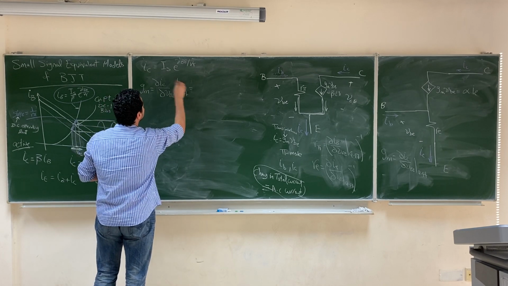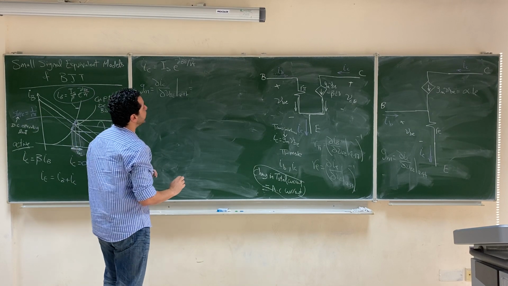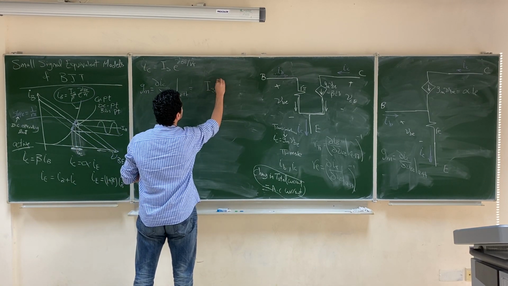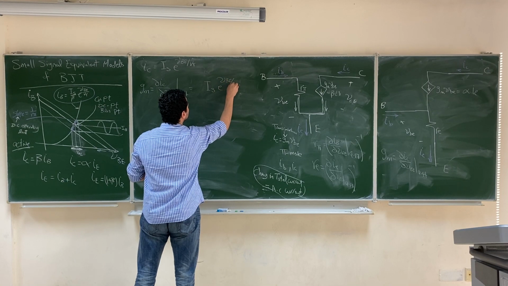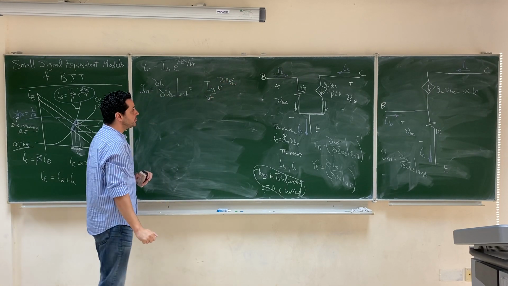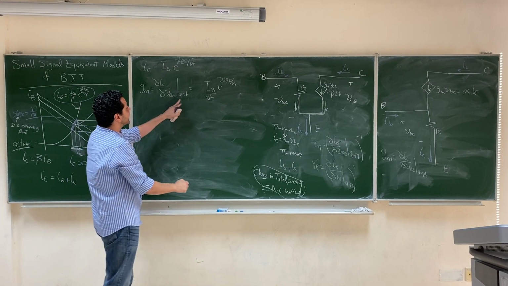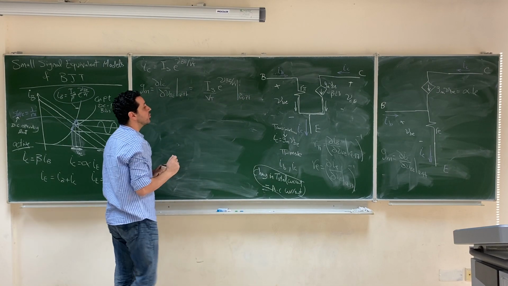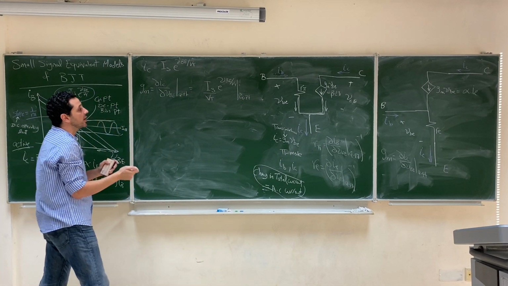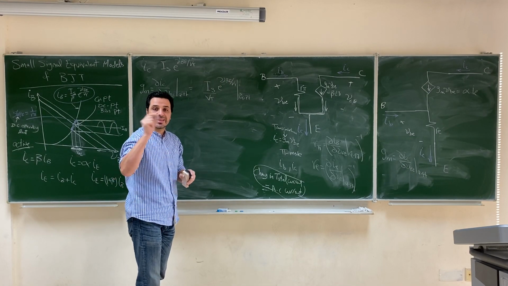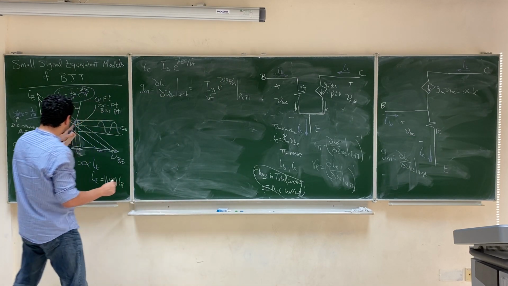So let's differentiate. If we differentiate this relation with respect to VBE, what are we going to get? We are going to get the same exponential divided by VT, at the Q point. At the Q point means at the DC operating point. But at the DC operating point, what does the total VBE equal?